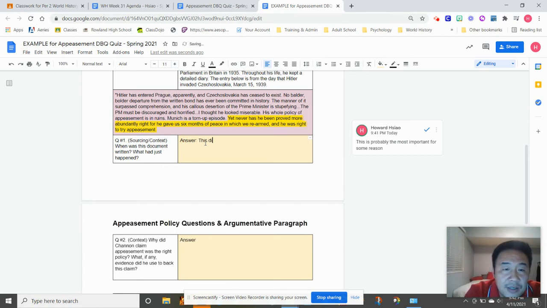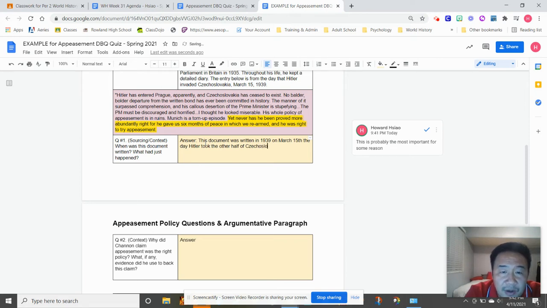This document, so complete sentences please, was written in 1939, on March 15th, the day Hitler took the other half of Czechoslovakia. Not even a country anymore.